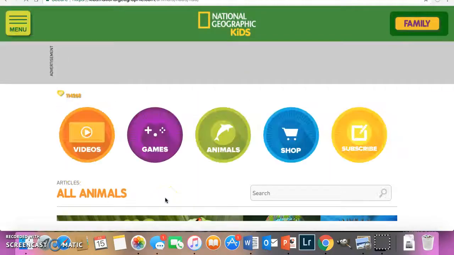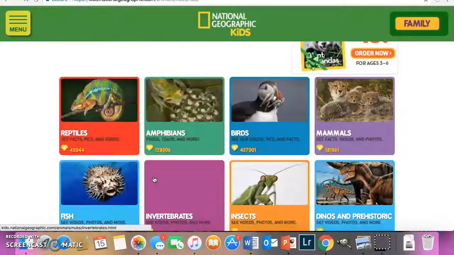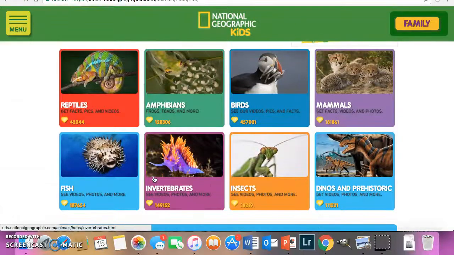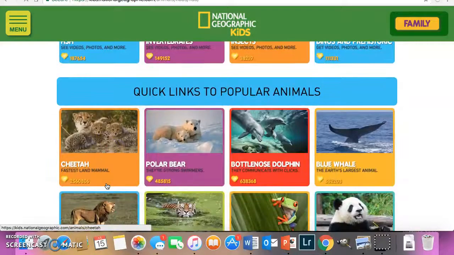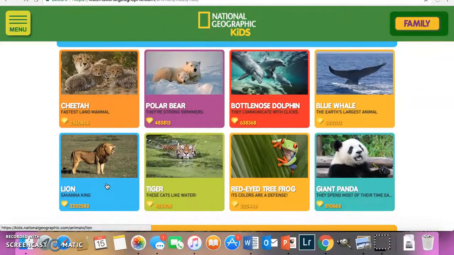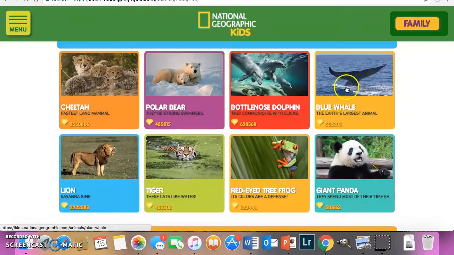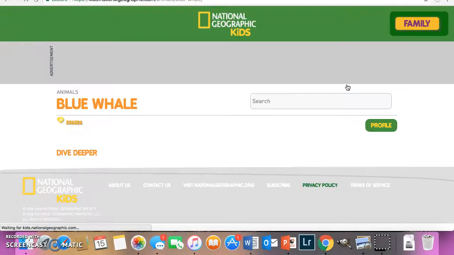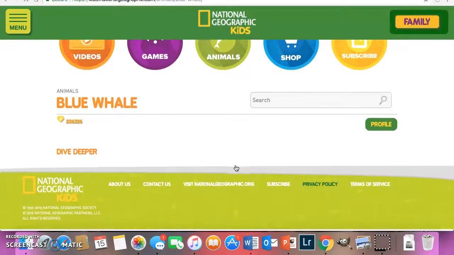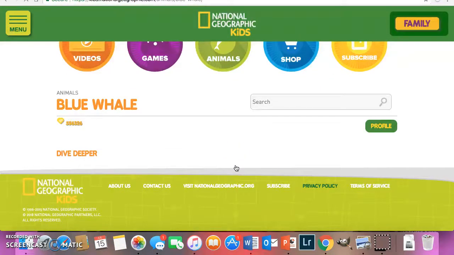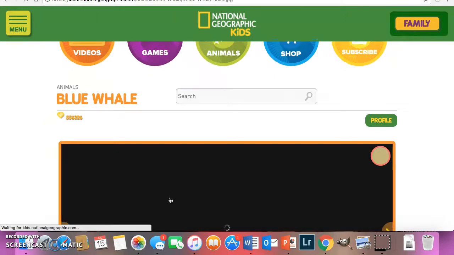Then we'll click on this link, and it shows us reptiles, amphibians, birds, mammals, fish. A popular mammal that might live in the ocean is the blue whale. You would click on the blue whale and read through it to see what information you could gather about the blue whale living in the ocean.